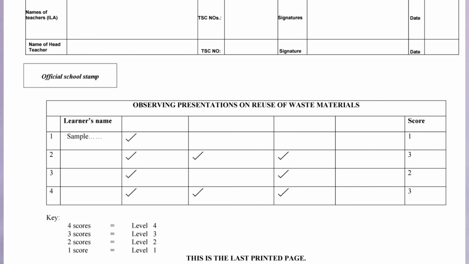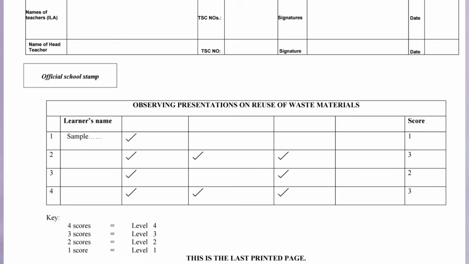So this project is mainly trying to teach learners how to reuse, recycle, and reduce the waste materials that are in the school compound or at home. So let's go straight to what we are supposed to do.